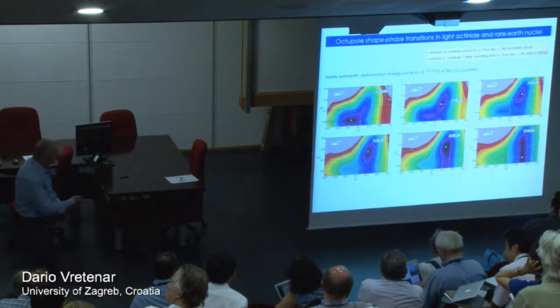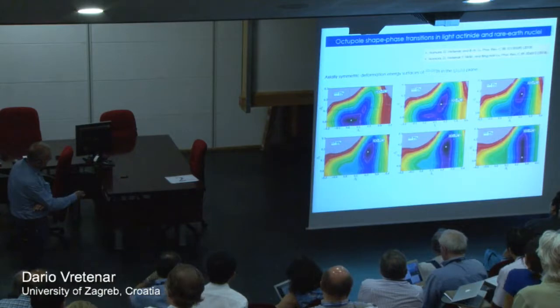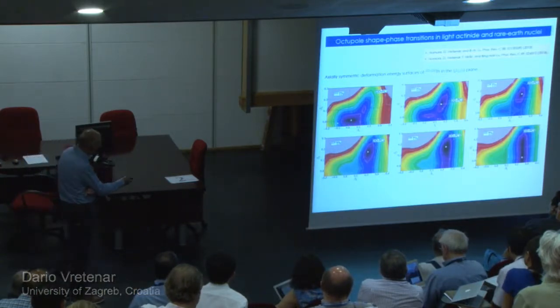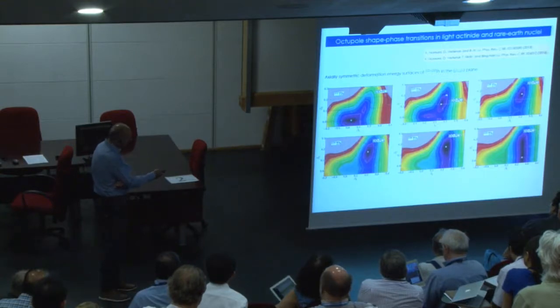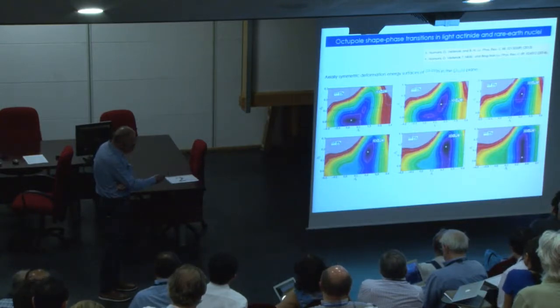Starting from thorium-220, this is almost a spherical nucleus, with very small quadrupole deformation. But then as we add more neutrons, you can clearly see how the octupole minimum develops. It's strongly pronounced in 226 and 228, and then it becomes much softer.